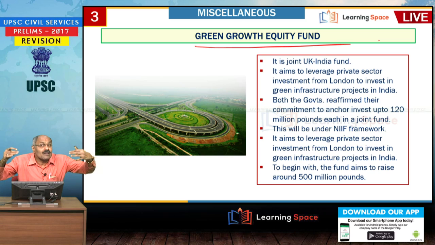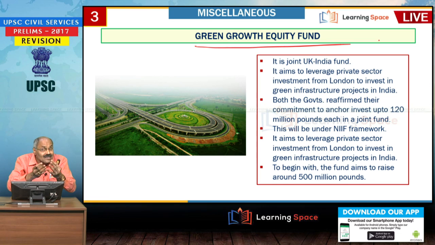They will pool up 120 million pounds each, and the idea is when countries are pooling up some investment on their own, other investors will come forward, right. So, that is the meaning. The fund aims to raise around 500 million pounds. So, India and UK will invest up to 120 million pounds each. So, in the Green Growth Equity Fund, you can say the India and UK governments are anchor investors.